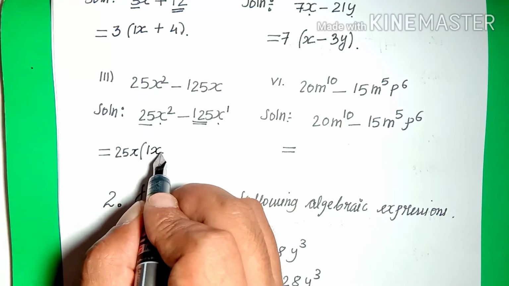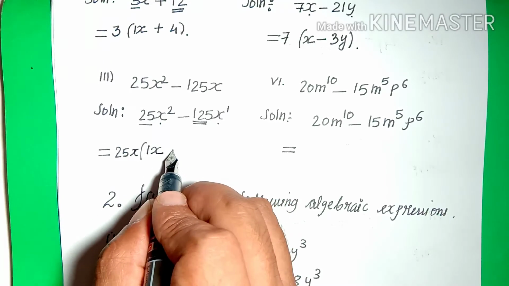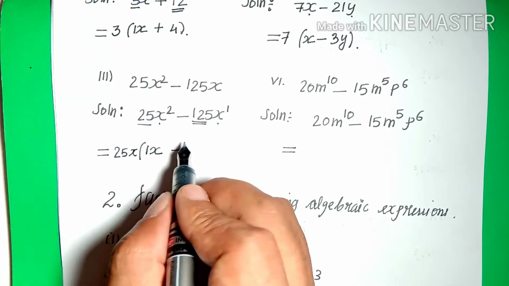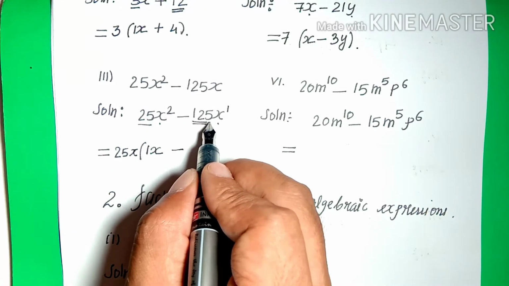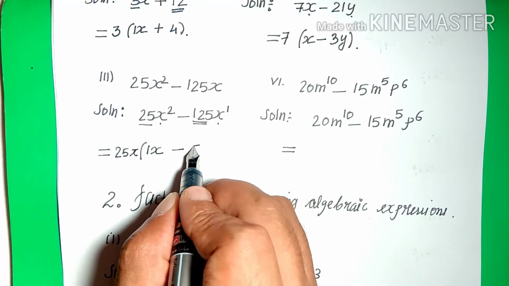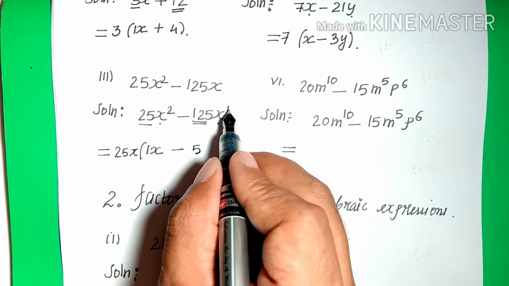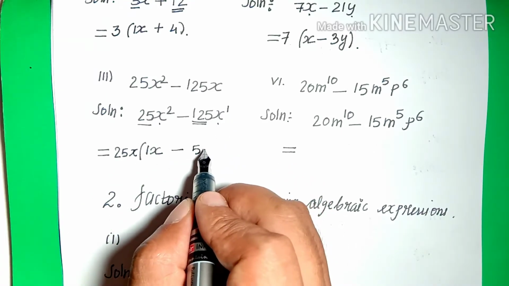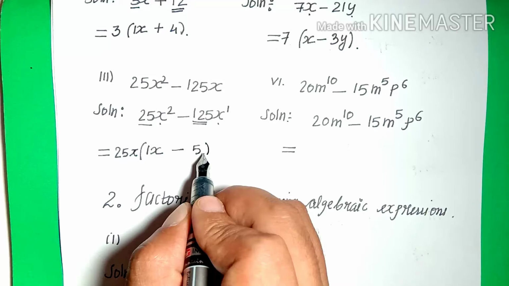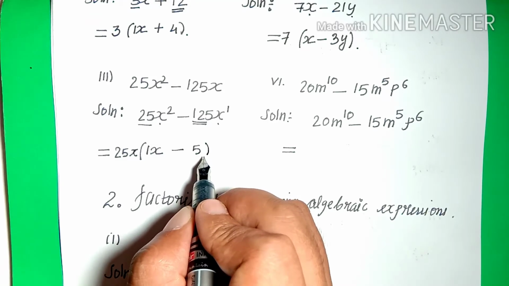That means only 1x is left from the first term. Likewise, 25 into how many times equals 125? Yes, 25 into 5. Now the variable powers are 1 and 1, so 1 minus 1 is 0. That means the x variable will not be left out here.